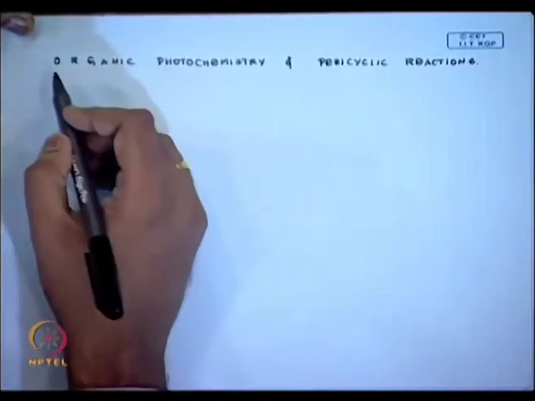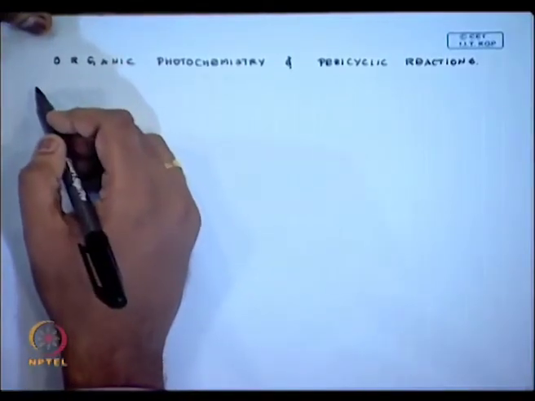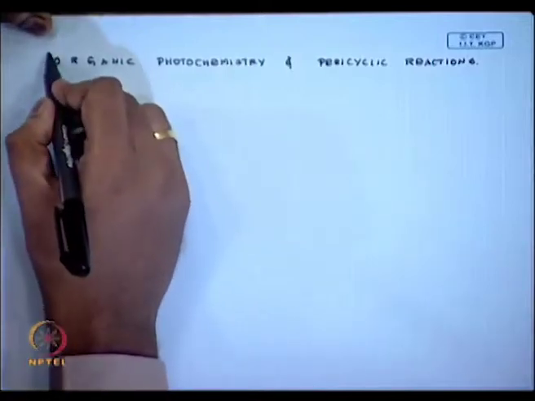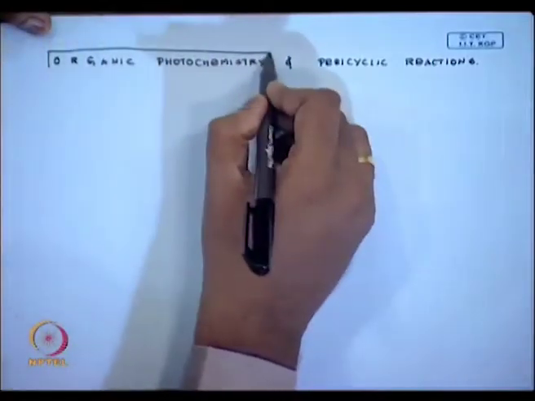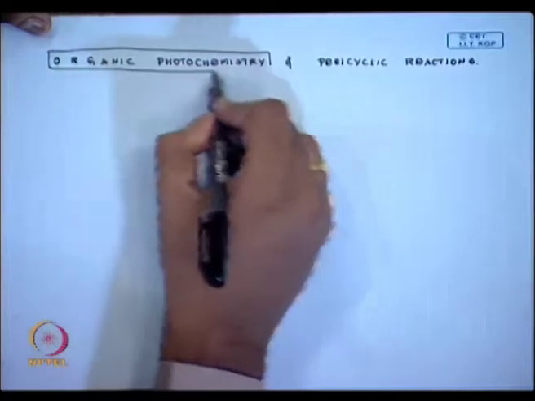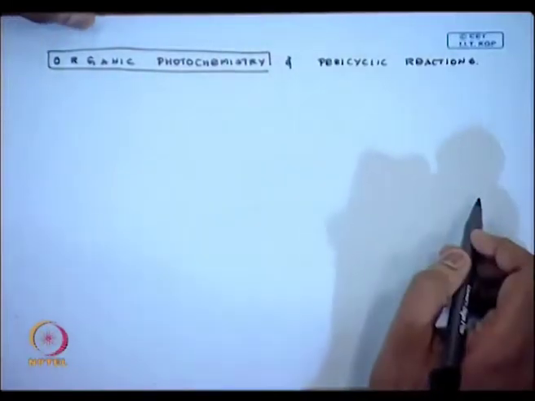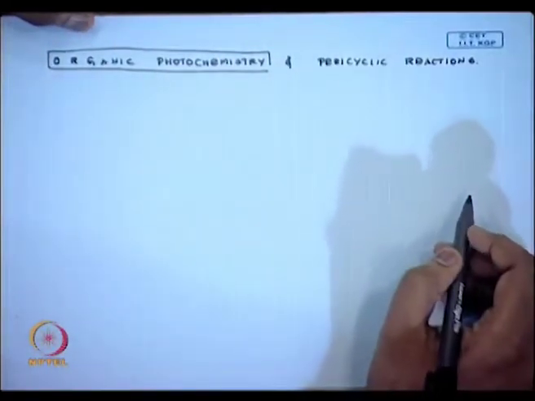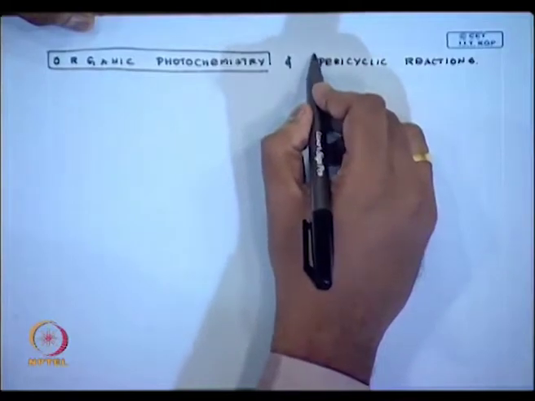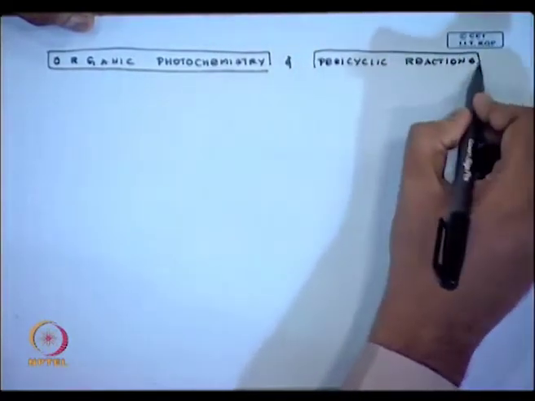Till mid semester we will be trying to concentrate on the first part, that is your organic photochemistry, and after mid semester we will be trying to discuss about the pericyclic reactions.